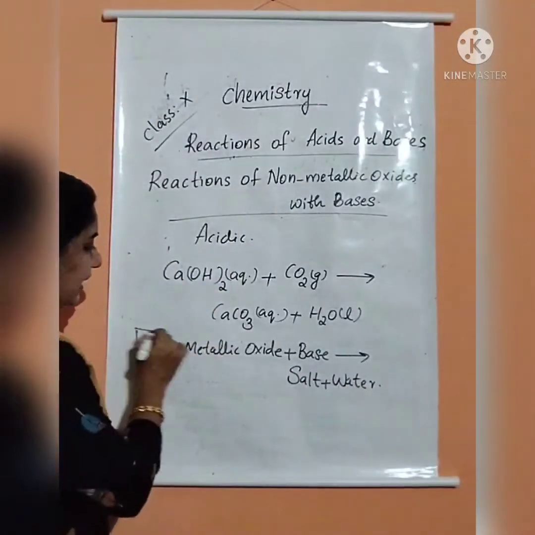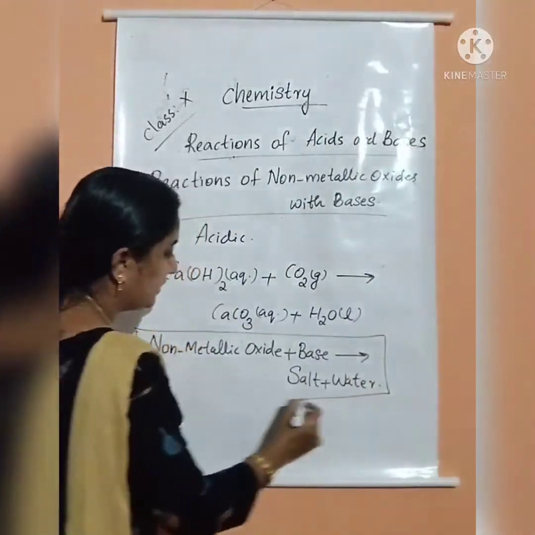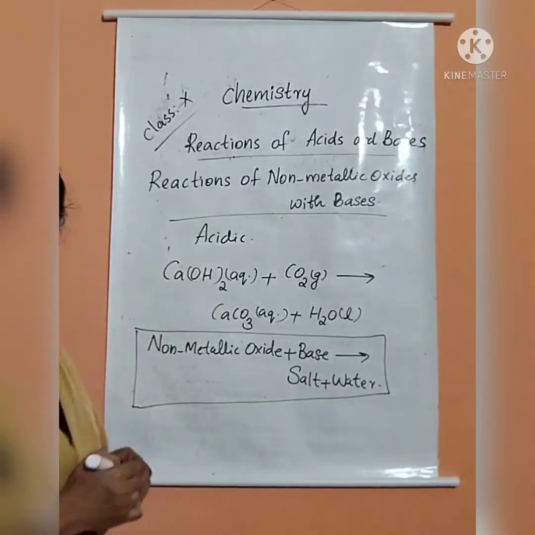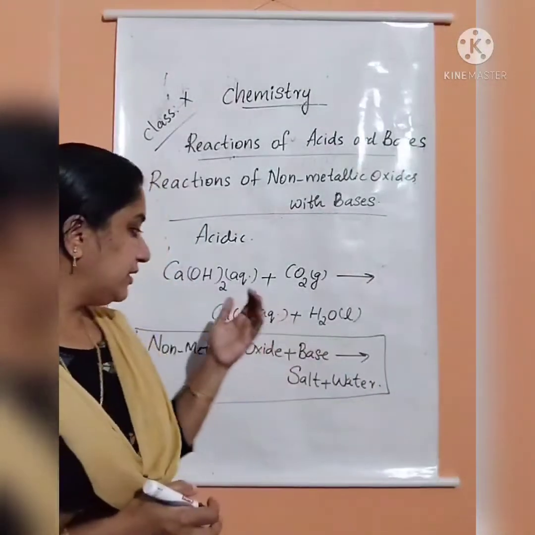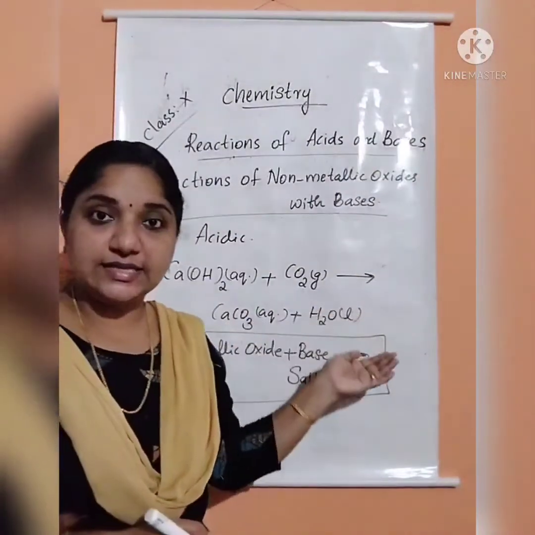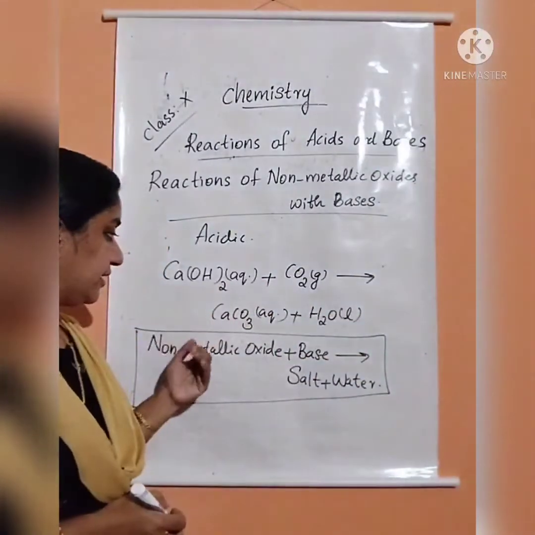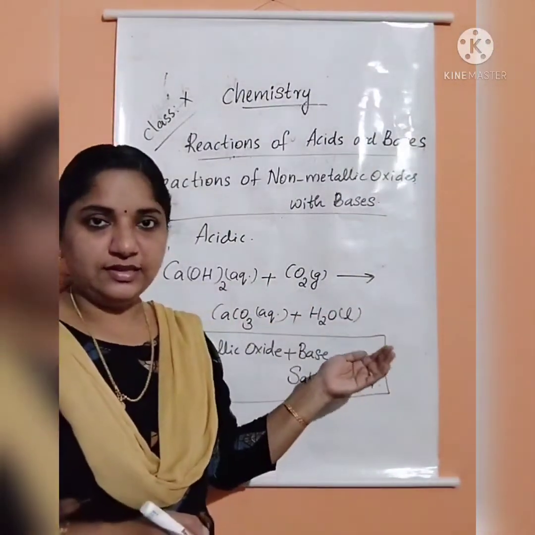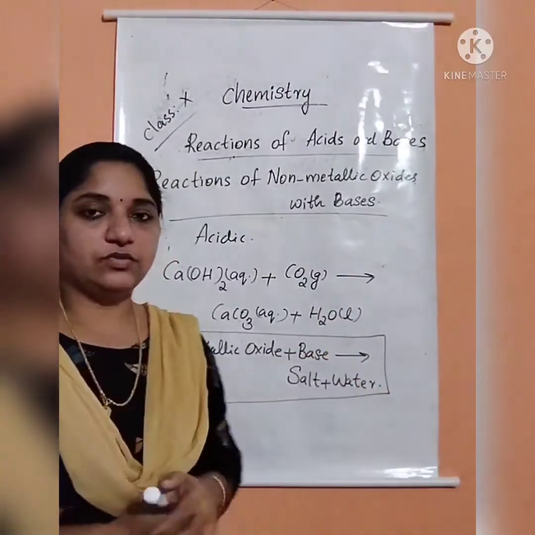Okay, this is the reaction between non-metallic oxides and base. Okay, ആദ്യം നമ്മൾ പറഞ്ഞത് metallic oxides and acid ആണ്. ഇവിടെ non-metallic oxides and base. The products are salt plus water.